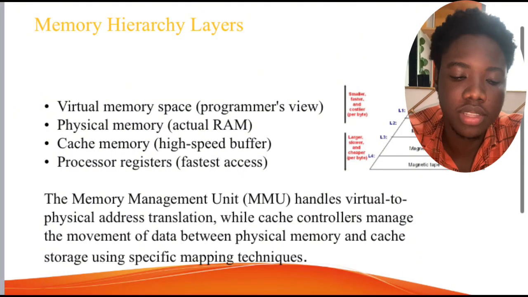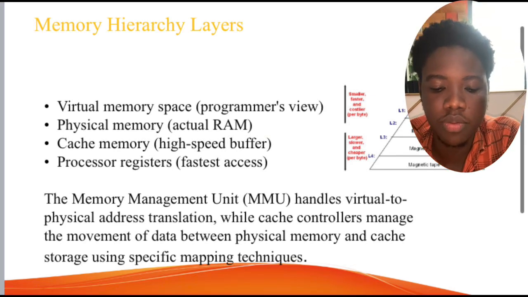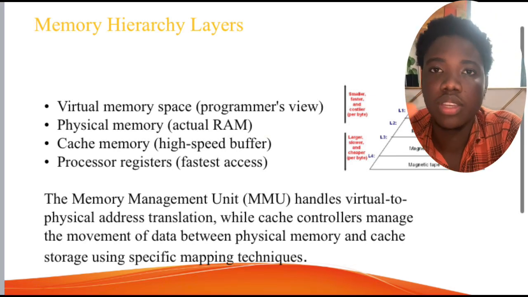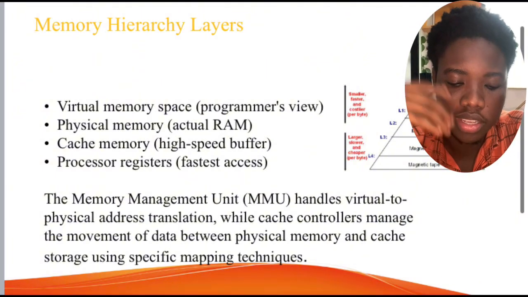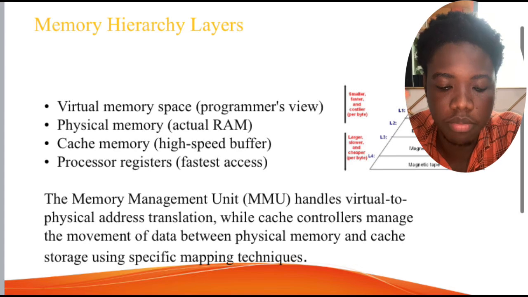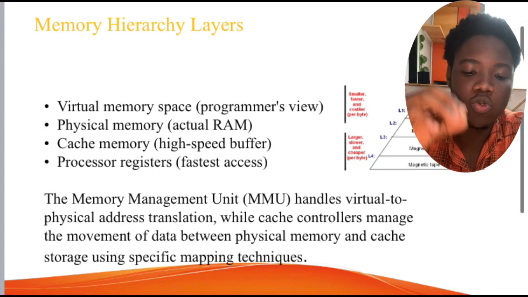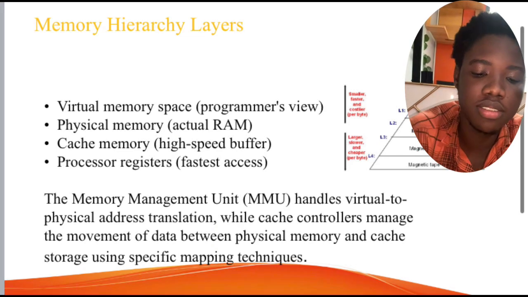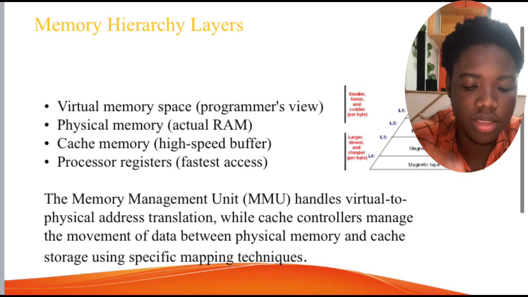Then let's move on to the memory hierarchy layers. We have the virtual memory space, which is the programmer's view, the physical memory, which is the actual RAM, the cache memory, which is the high-speed buffer, then processor registers, which offer the fastest access. When you watch the slides, you can see a diagram showing the memory hierarchy layers.